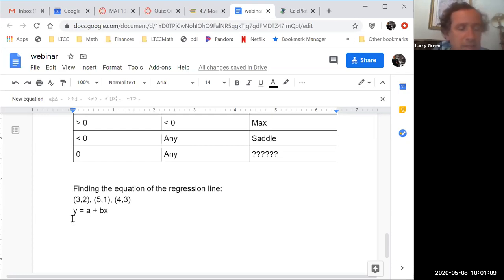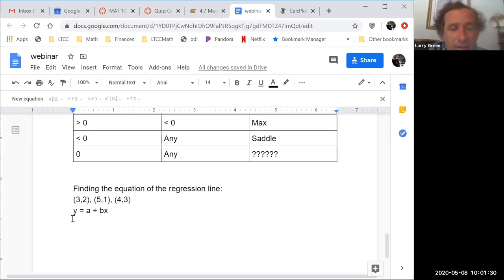You want the sum of the squares of the distance from the points to the line to be minimal. And that's called the regression line. Again, you've all heard of the regression line, or best fitting line, as you'd say. But the question is how do you do it?